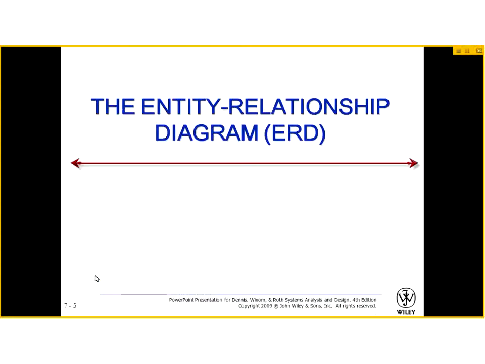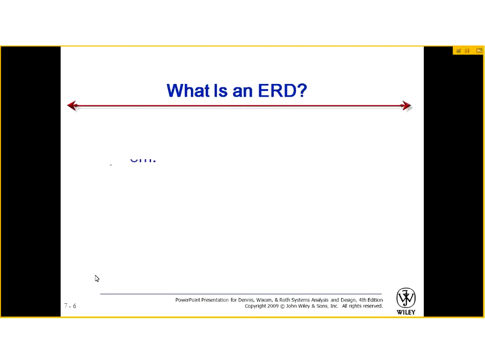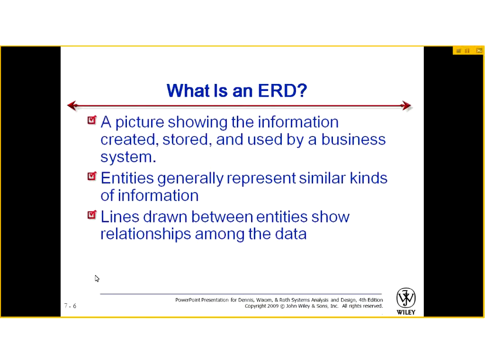The entity relationship diagram is the diagram which is used to model the data in your system. It is a picture showing the information created, stored, and used by the business system. Entities represent similar kinds of information.